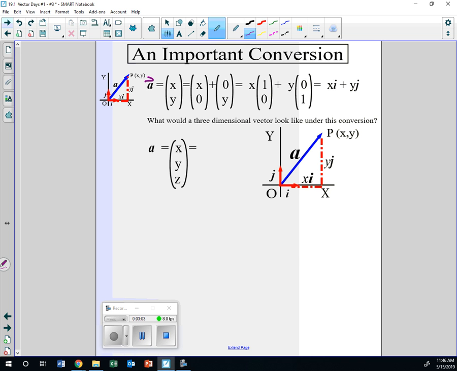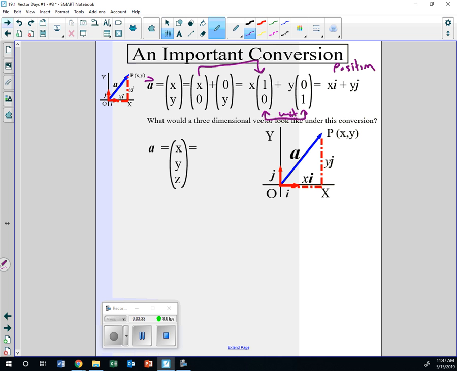Now we can write this as a scalar, x times 1, 0, because x times 1 is x and x times 0 is 0. Same with y: y times 0, 1 is the same as 0, y. So these are what we call the unit vectors. This one's i, and this one's j. So you have x times i plus y times j. This is my position vector form.